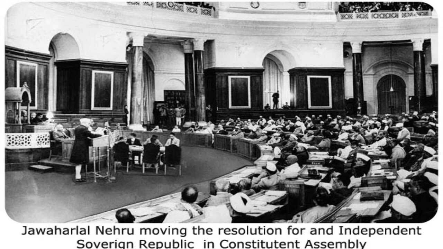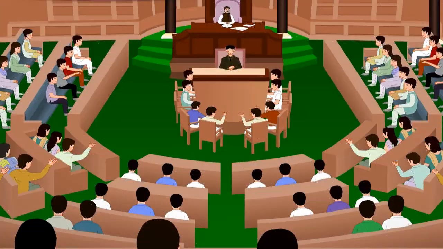Due to his contribution in making of the constitution, Dr. Babasaheb Ambedkar is called the architect of the Indian Constitution. The task of making the constitution was completed in 2 years, 11 months and 18 days. The original constitution had 395 articles, which were divided into 22 parts and 8 schedules.